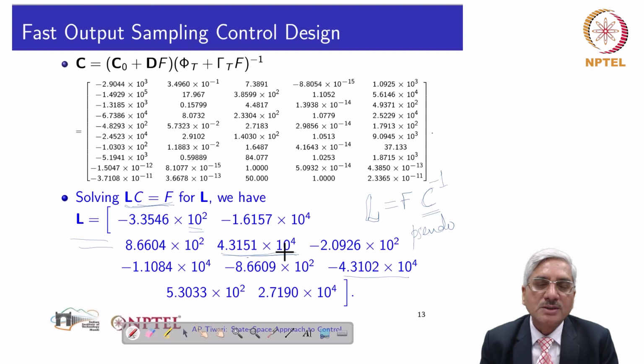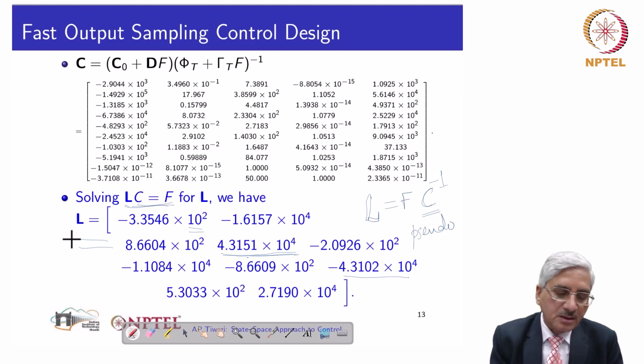For these pole locations, for this design, we have these periodic output feedback gains. One should repeat to obtain good values of periodic output feedback gain, or one can see there are research publications in which there are LMI, linear matrix inequality based approaches for obtaining this L from this equation.